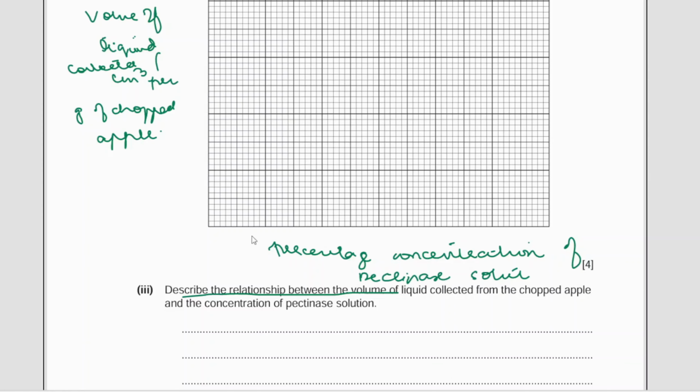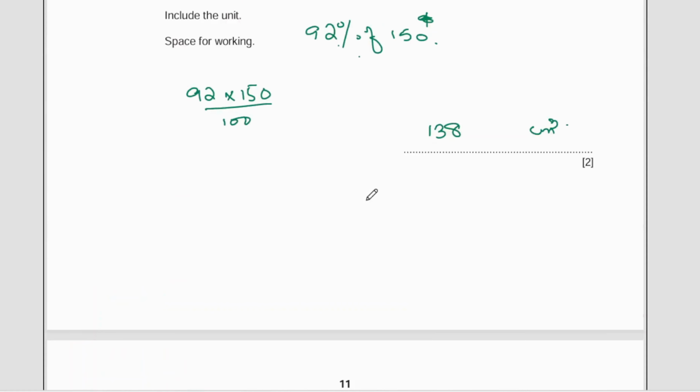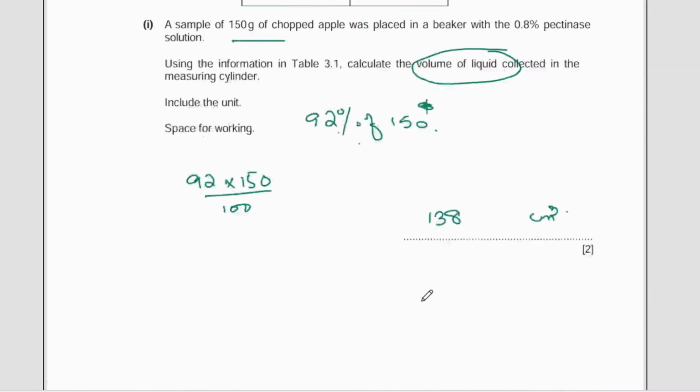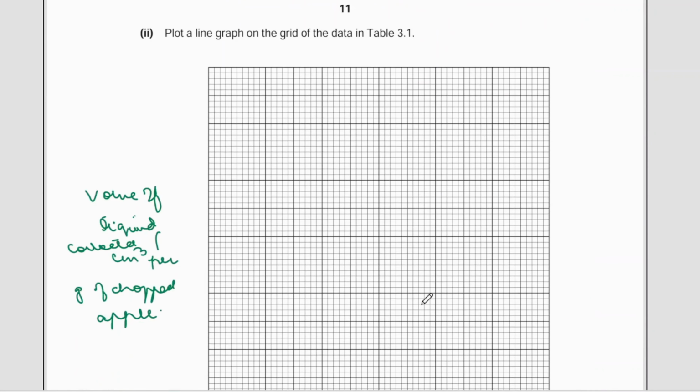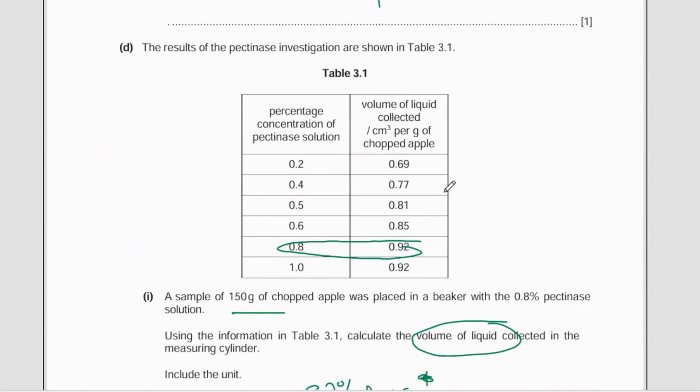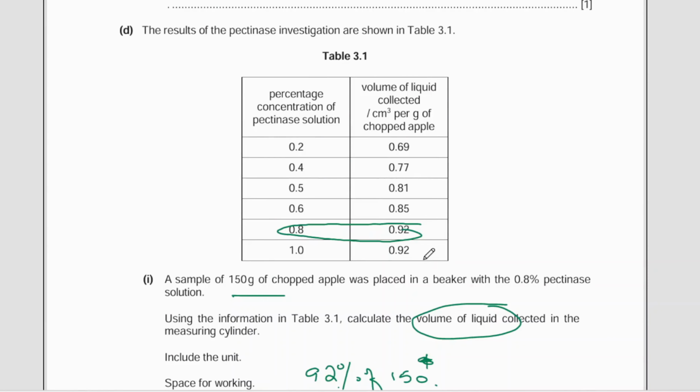What should be your scale? It should be 0.2, 0.4, 0.6, 0.8 and 1. Right? And what would be the other scale? The value is still 0.92. What can be done? 0.92 is from 0.69 to 0.92.